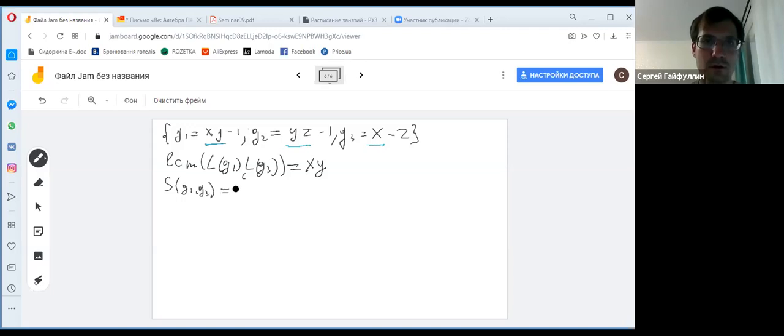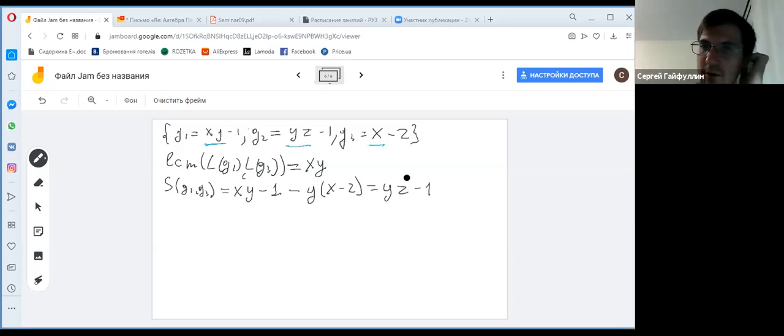This is just xy minus 1, this is G1, multiplied by 1, minus y multiplied by x minus z. So it's equal to yz minus 1. But this is just G2. And of course, it can be reduced by G2 to 0. Okay, this S polynomial can be reduced to 0.